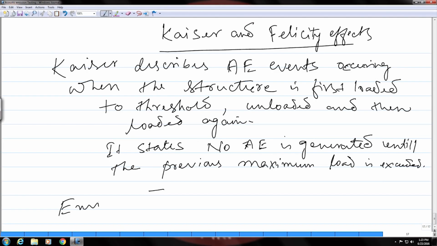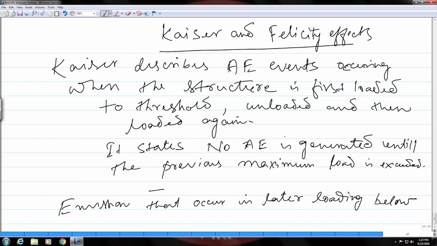Okay. So, emissions that occur in the later loading below the previous maximum load are due to structural damage.